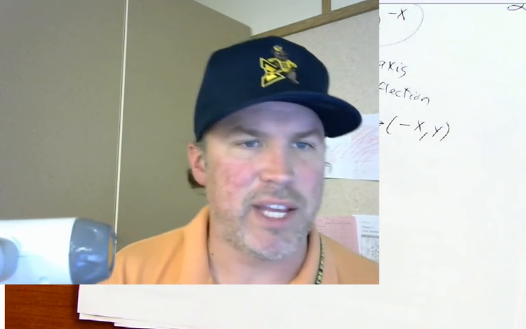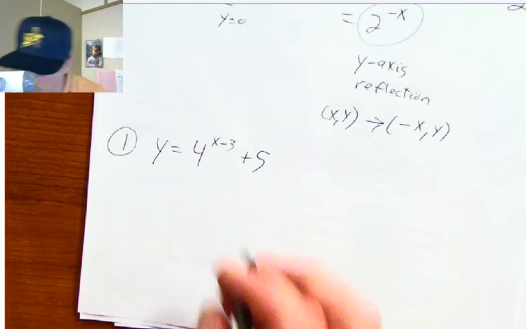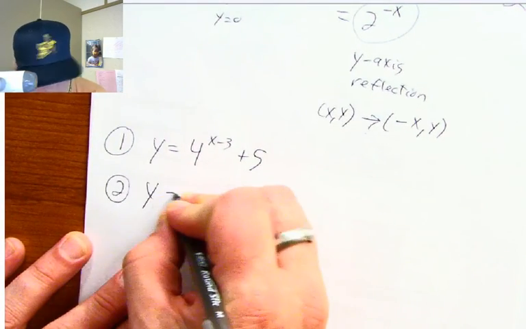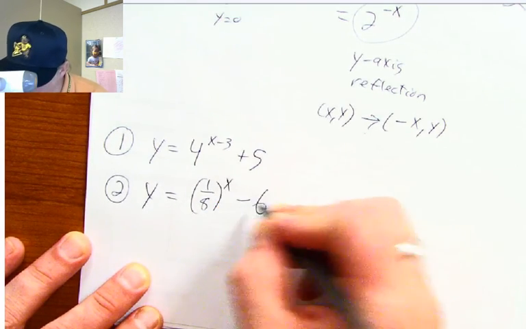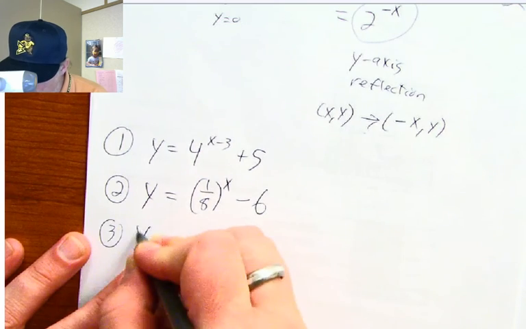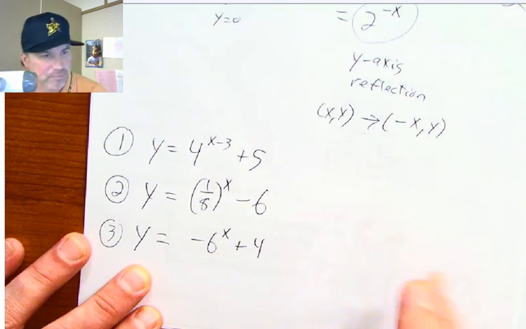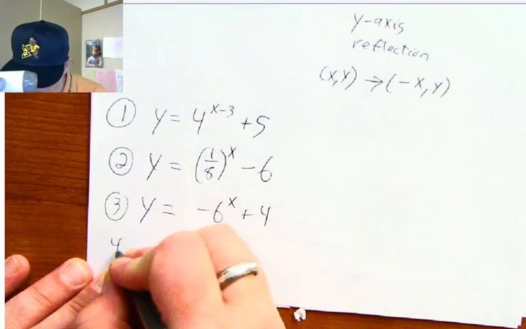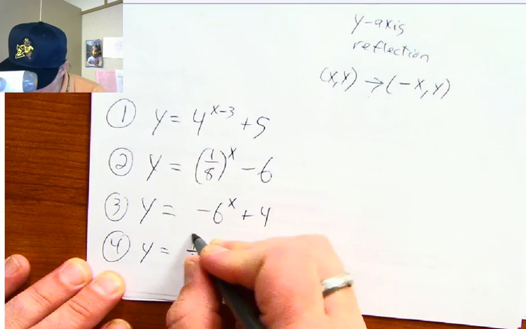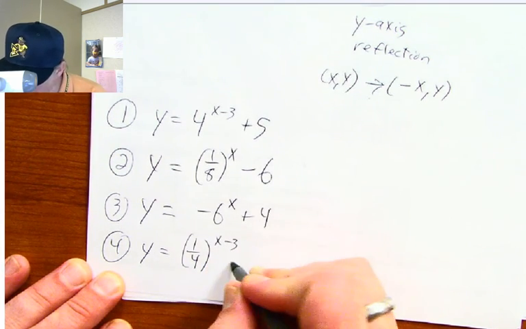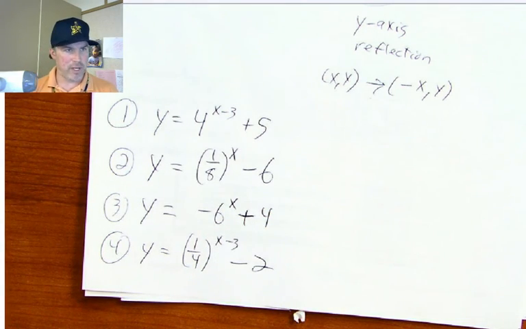Uh-oh, you can't see it because of Big Elliot. The second equation we're going to graph is y equals 1/8 to the x, minus 6. Number 3, y equals negative 6 to the x, plus 4. And number 4, we're going to graph y equals 1/4 to the x minus 3, minus 2. So these are the 4 we're going to graph tomorrow in class.